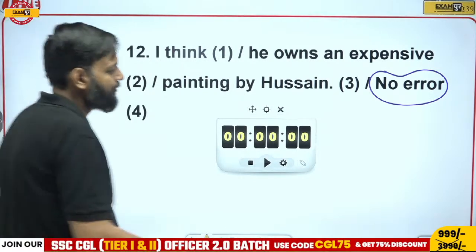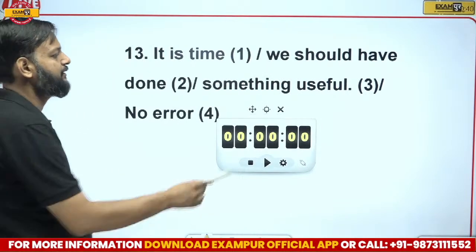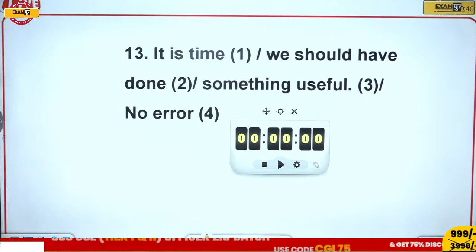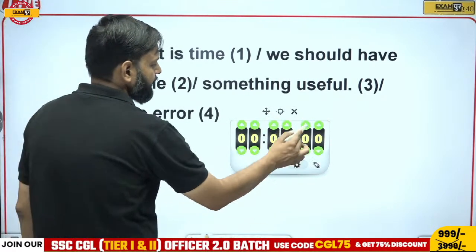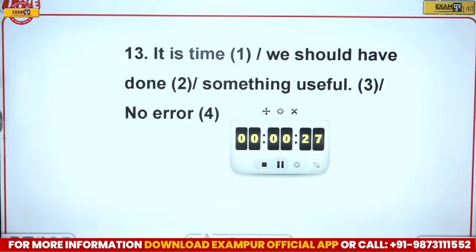Now, question number 13. It is time we should have done something wrong. 30 seconds.